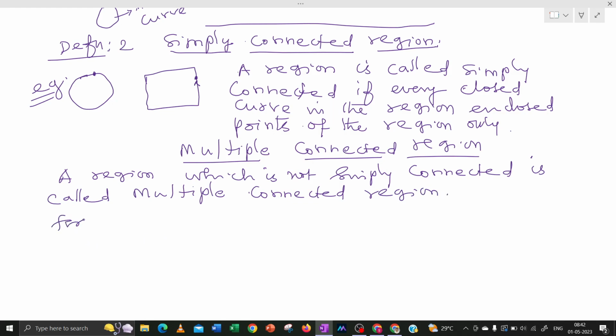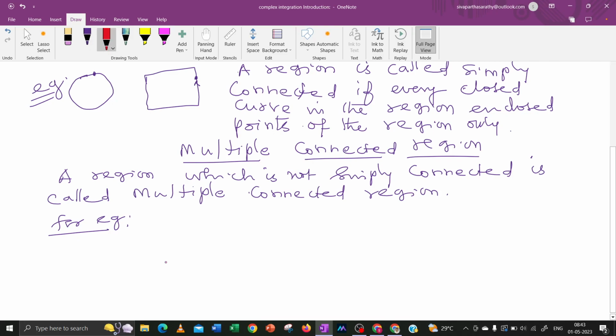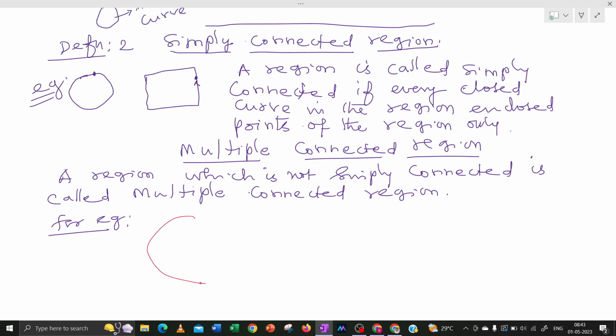See, for example, you can see this. This is one curve. Inside, two more circles are there. It is not simply connected, it is not a fully closed region.